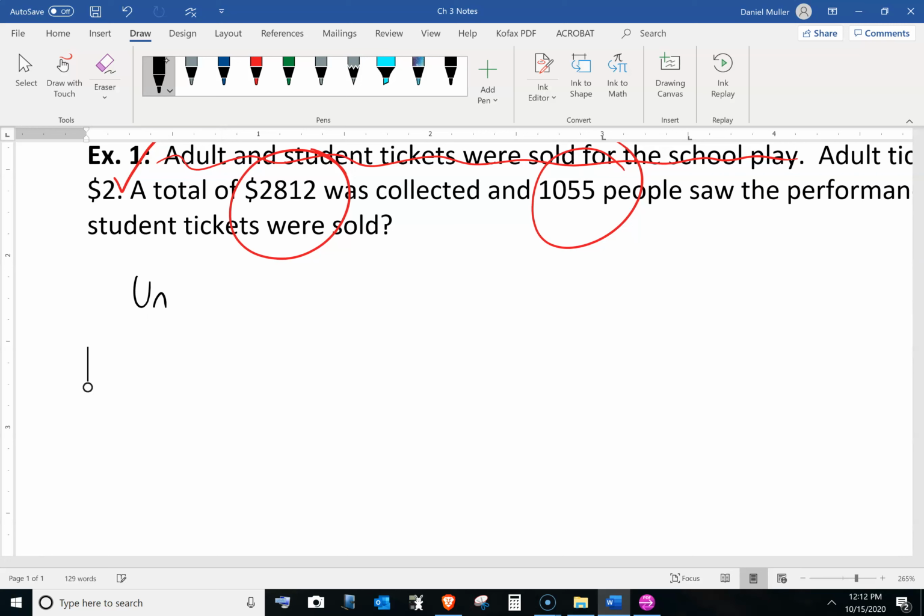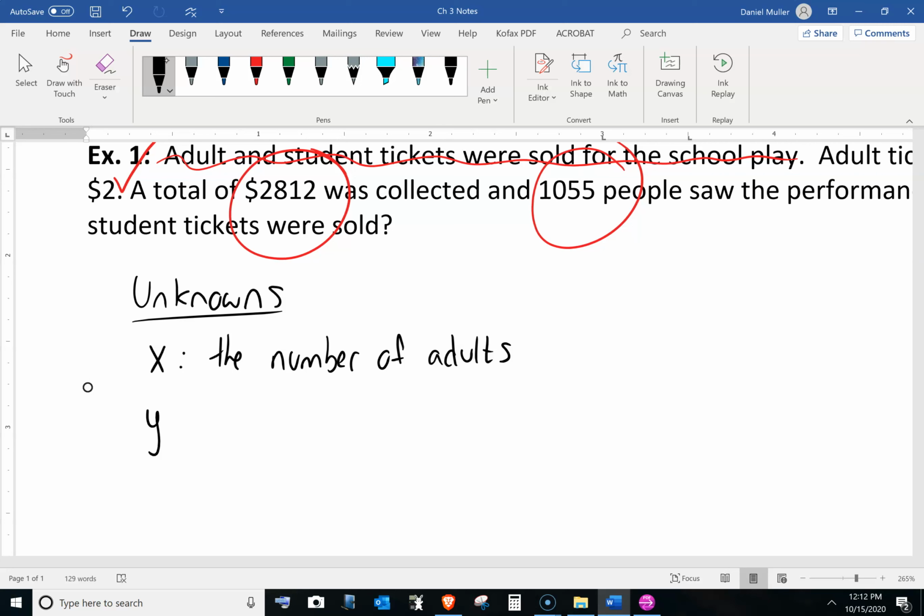So let me just write unknown. Our unknown. So X is going to be the number of adults, and then Y will be the number of kids. So the number of adults that attended the play, obviously.